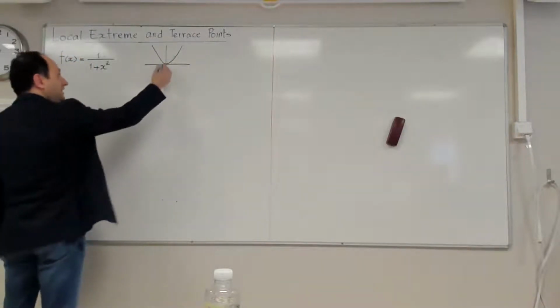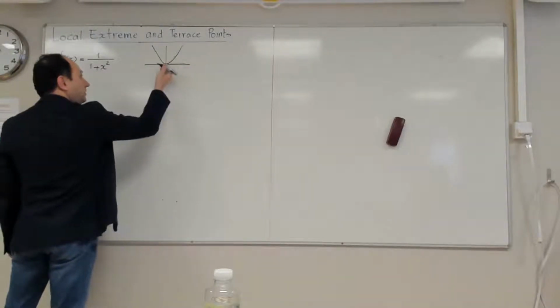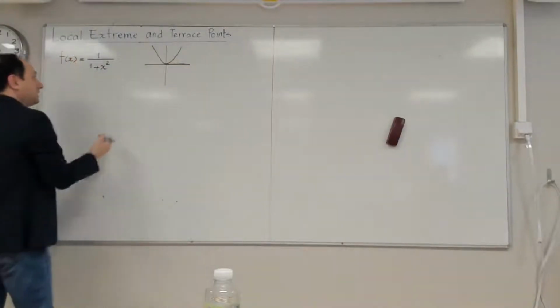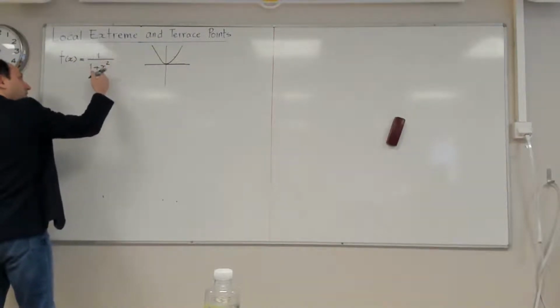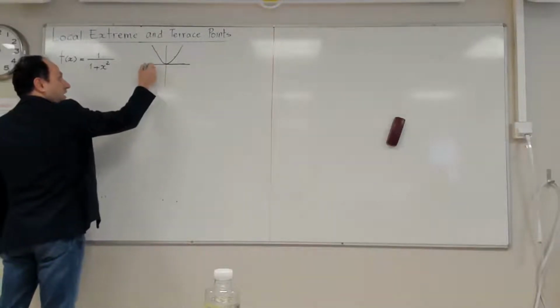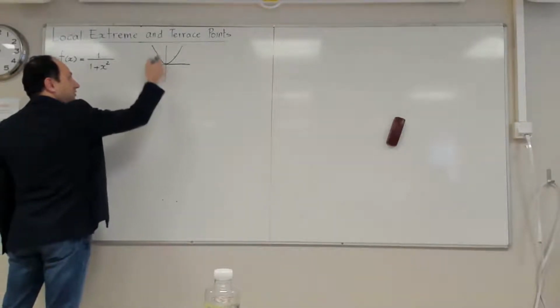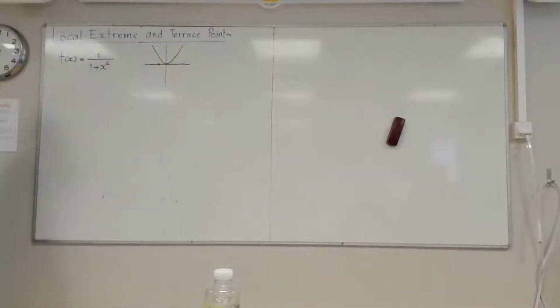So it is clear that when I increase the value of x on this part, x squared is increasing. So of course, then this is increasing. It means that 1 over this is decreasing. But when I am on the negative side and I start increasing the value of x, the value of x squared is going down. Is that understandable?